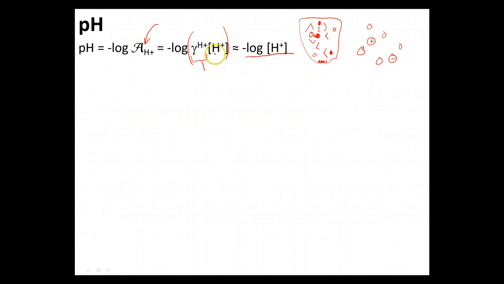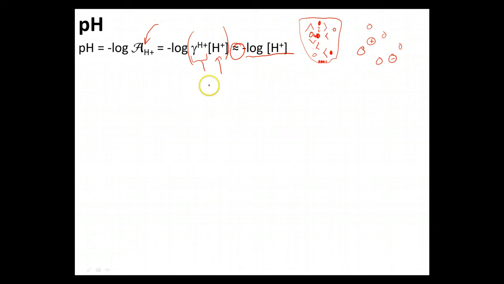What we're going to see is that it's basically going to make it act like it's a smaller concentration than is present, meaning more of it can dissolve. Or Le Chatelier's principle can pull it more toward being dissociated from the associated acid, so the HA form. In other words, we're making an approximation. That's why we have to say it's roughly equal to the negative log of H plus.